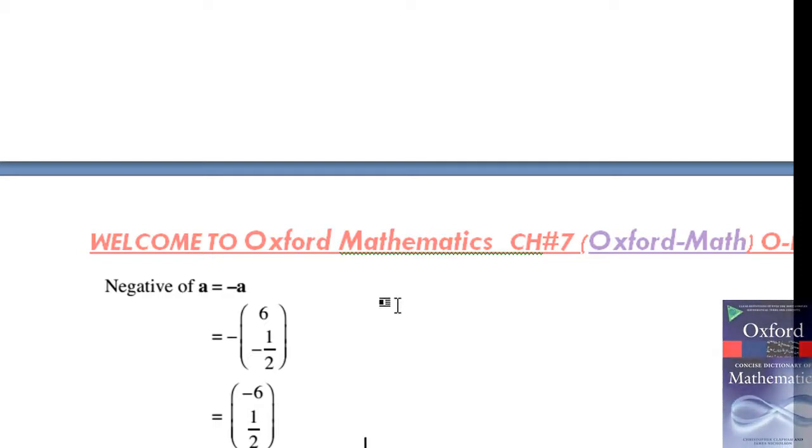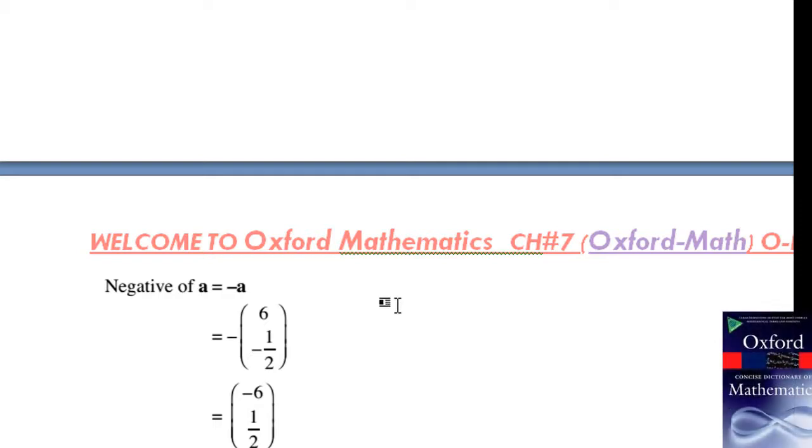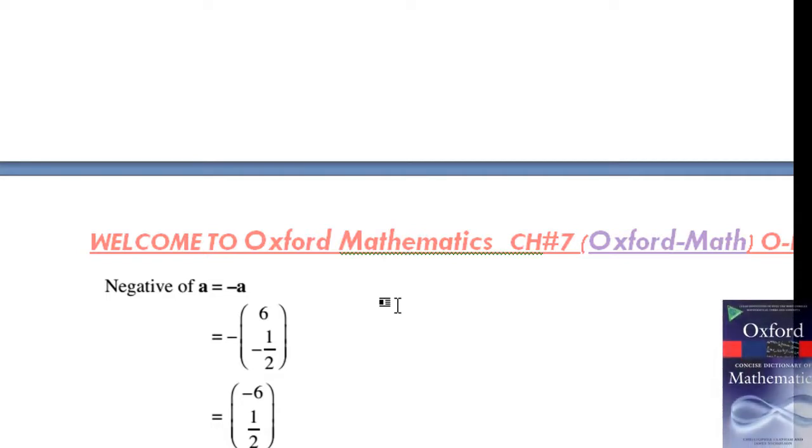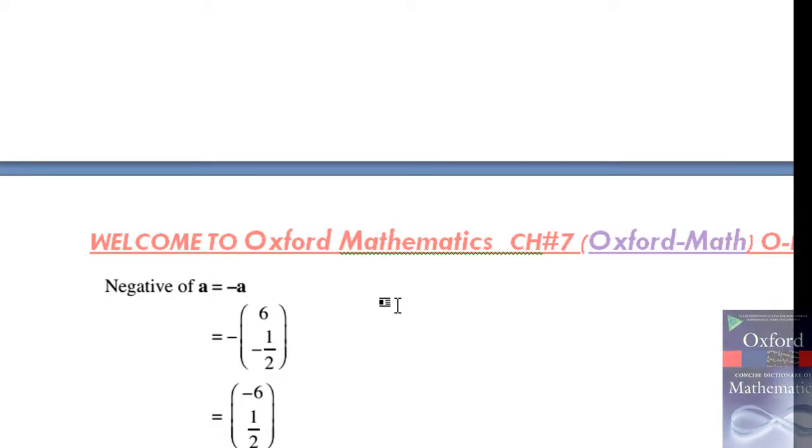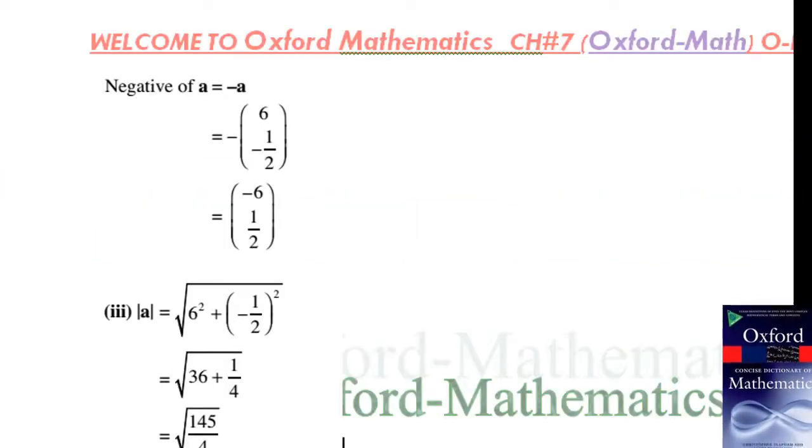Any vector becomes the negative of a vector if we change the sign of the given vector's components in the x-axis or in the y-axis. Now we can find the magnitude of the vector a.